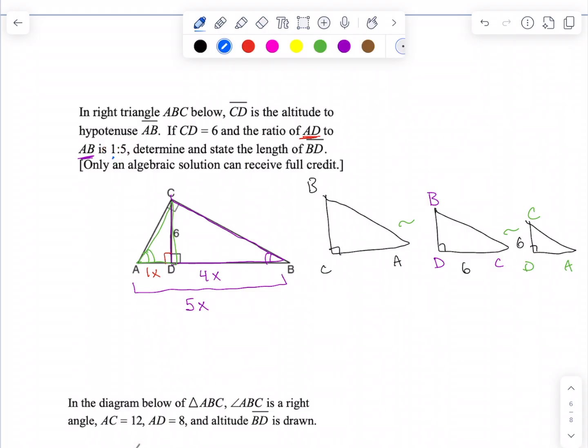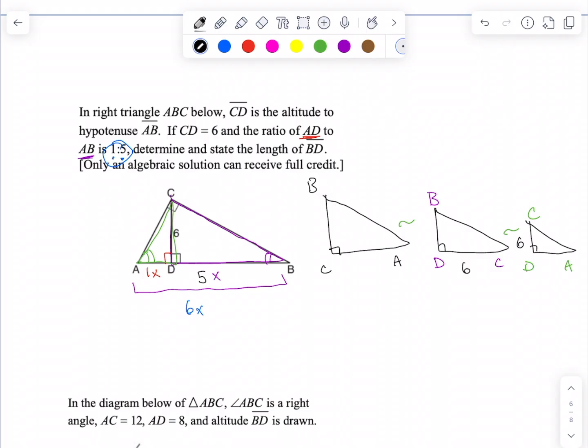So if there's the 1 part and the 5 part, that means together there are 6 parts in total. So let me change this slightly. Let's do 6x. And let's make this over here 5x. And that makes more sense because now the 5x and the 1x part makes the 6x in total.